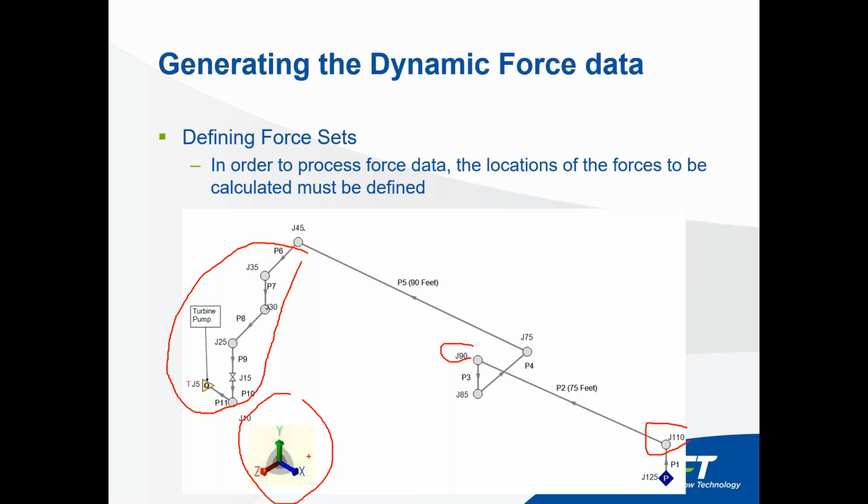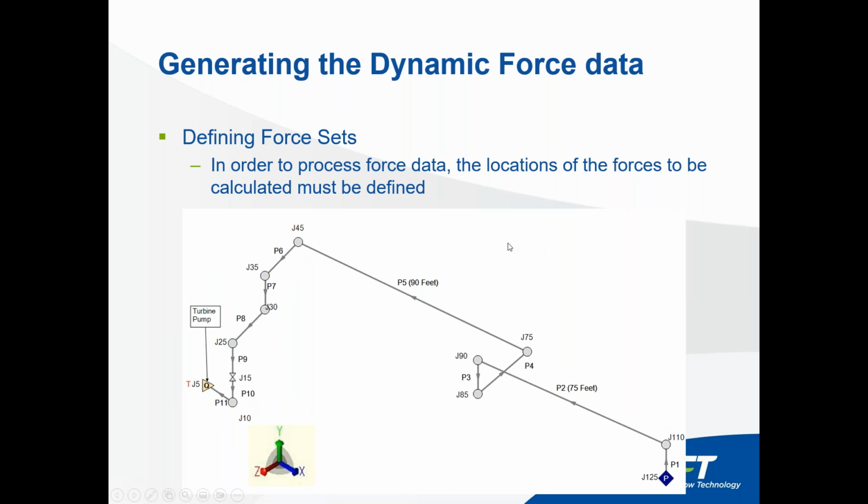In the case of Caesar, like here, this would be X. For Impulse, it would be positive in this direction. For Caesar, it would be the contrary. So what's positive in the X direction for Impulse will be negative in Caesar. So we have to multiply it by -1 to apply the forces in the correct sense.